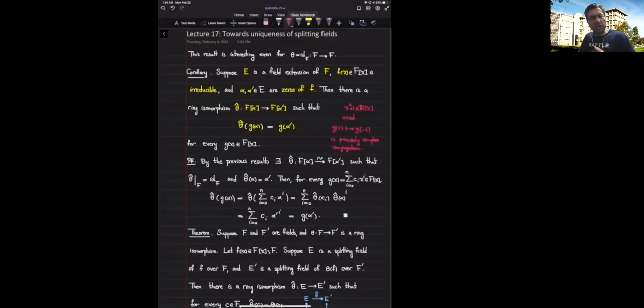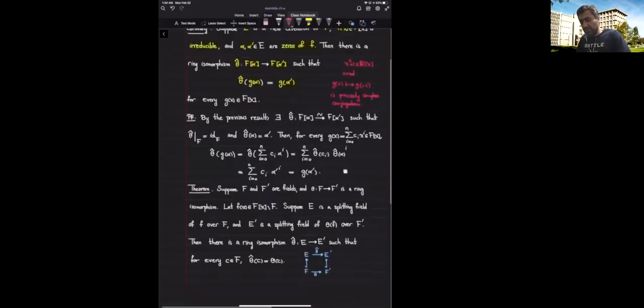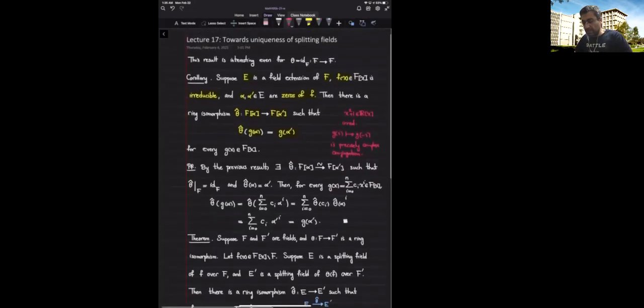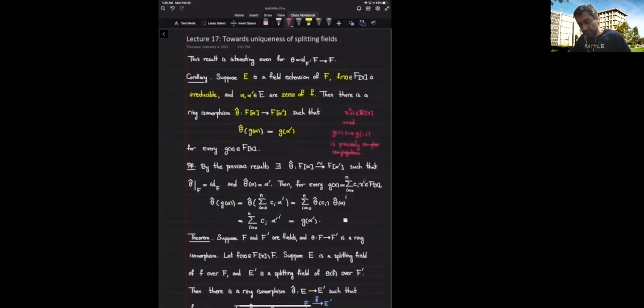So earlier when we were discussing norms and we wanted to understand irreducible elements inside certain ring extensions of integers, after adding a zero of a quadratic equation, we used this type of maps for two zeros of a quadratic equation, sending one zero to the other one.